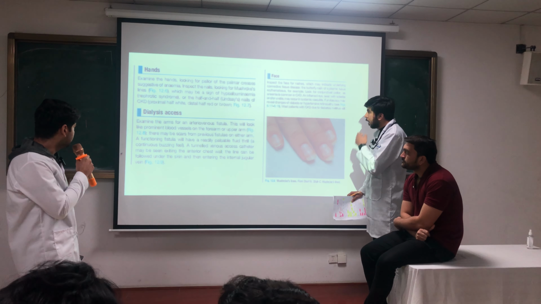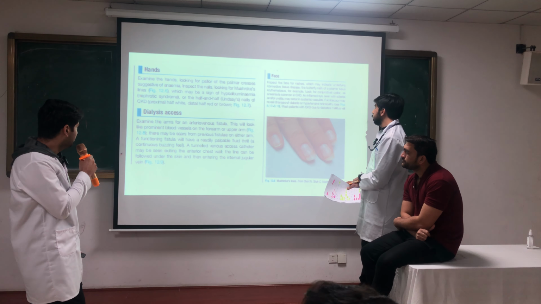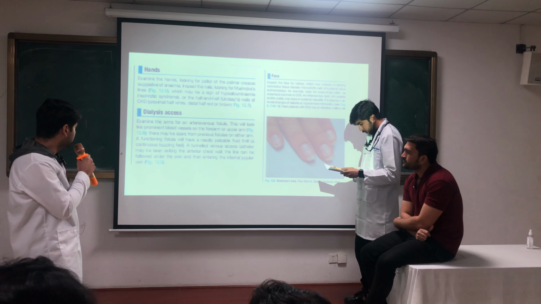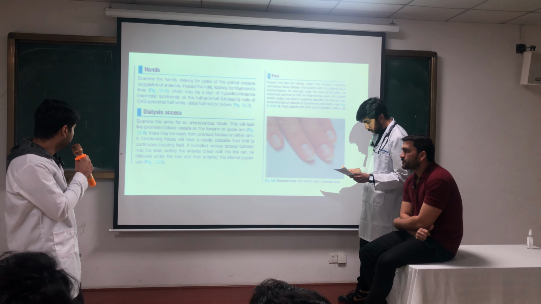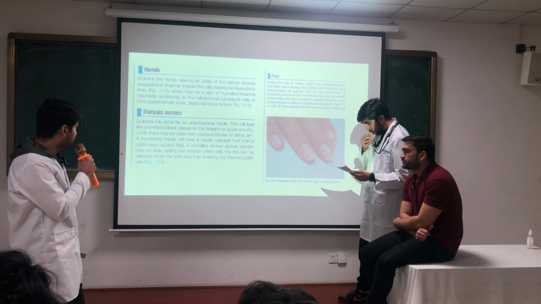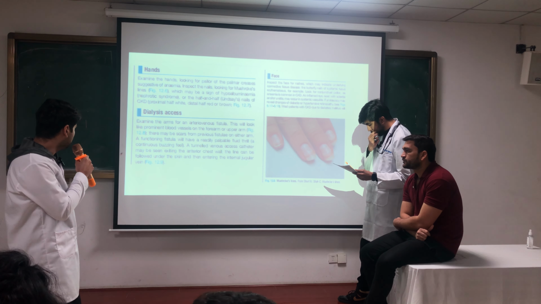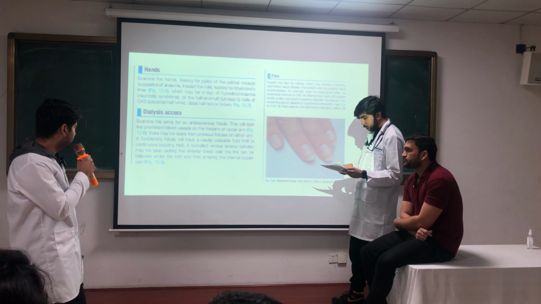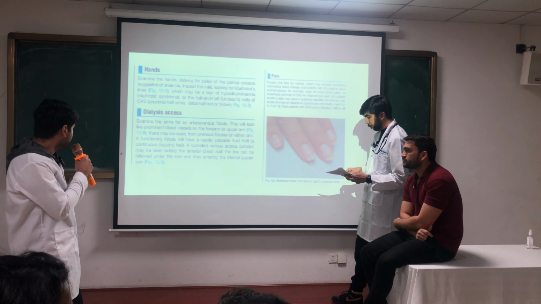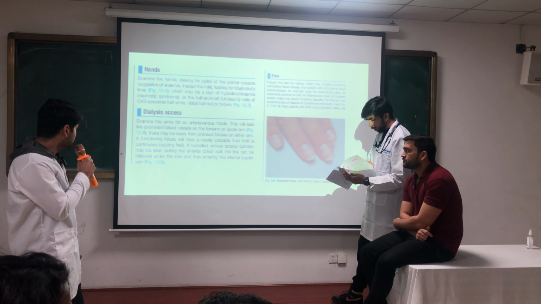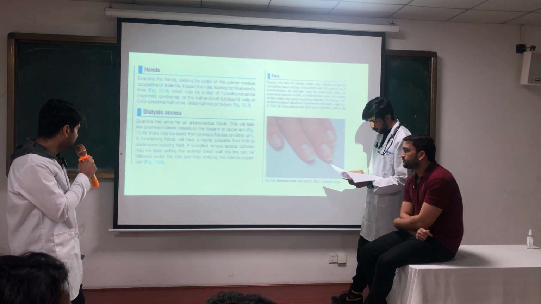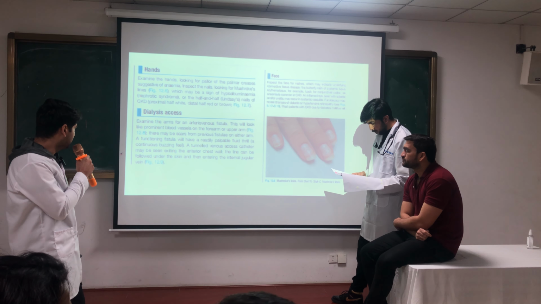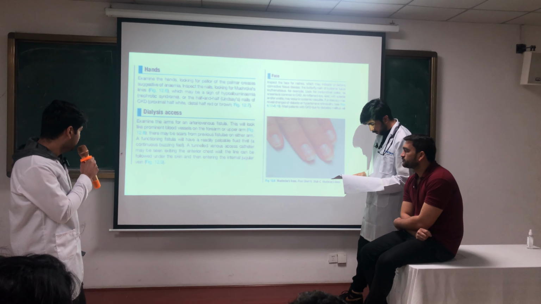Dialysis access: examine the arm for an arteriovenous fistula. This will look like a prominent blood vessel on the forearm or upper arm. There may be scars from previous fistulas on either arm. A functioning fistula will have a readily palpable thrill, a continuous buzzing feel.